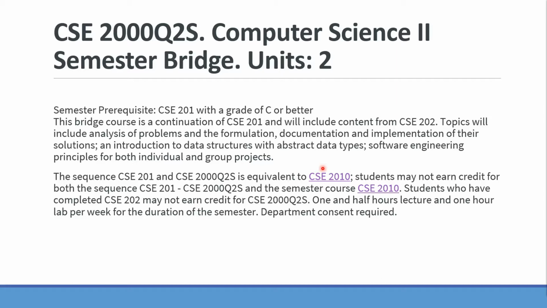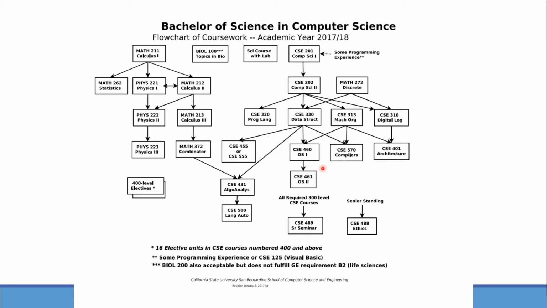So if I could bring your attention to this graph here. This is the course flowchart for the computer science bachelor's degree for CSUSB, back when we were still running on the quarter system. So it's outdated, obviously, but the reason why I'm showing this to you is because C++ was normally taught with 2 courses, CSE 201 and CSE 202.